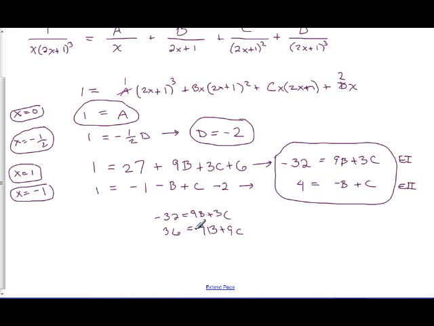And I can use this to solve for c, right? Because now if I add those two, I lose my b. So 36 minus 32 is 4, right? Is equal to 9 plus 3, which is 12c. So it looks to me like c is equal to a third.